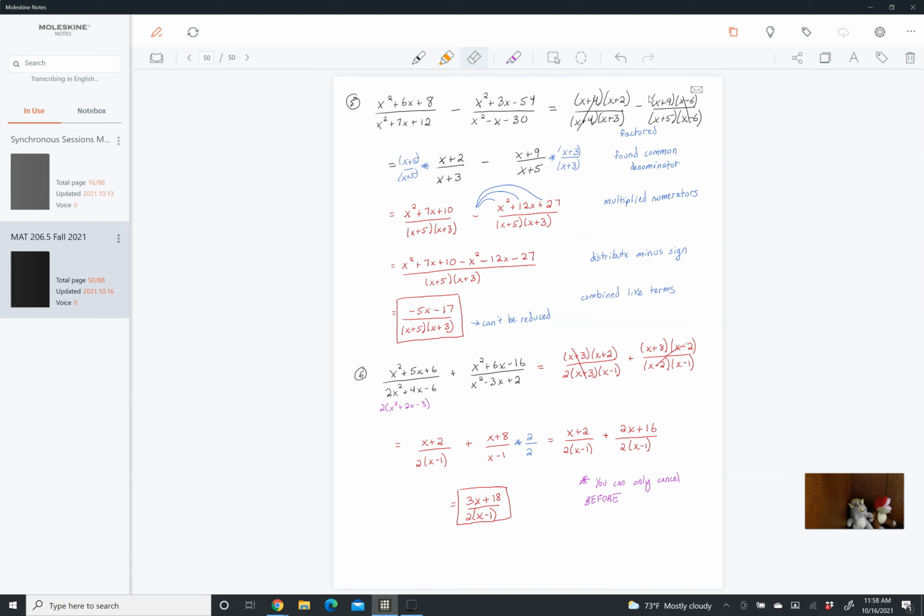And just to be clear, I'll say before you start finding the common denominator. It's before you even think about what the other denominator has.